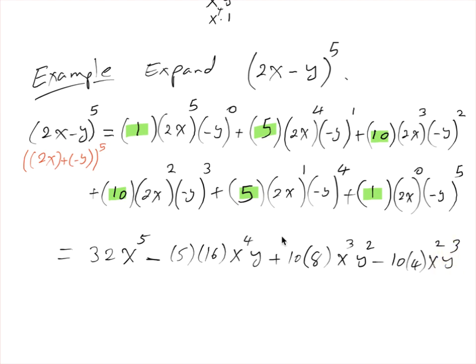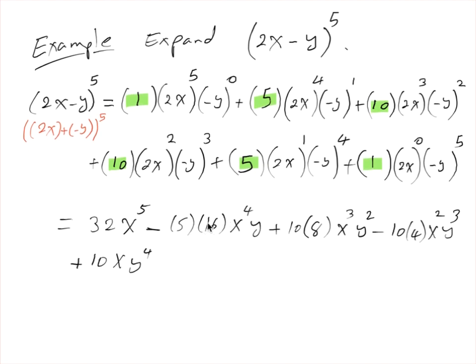And then the next one, negative y to the 4th power, an even power, that's a plus. 5 times 2x, right? 2x to the power 1 is just 2x. So you have 2 times 5 is 10. 10x y to the 4th power.